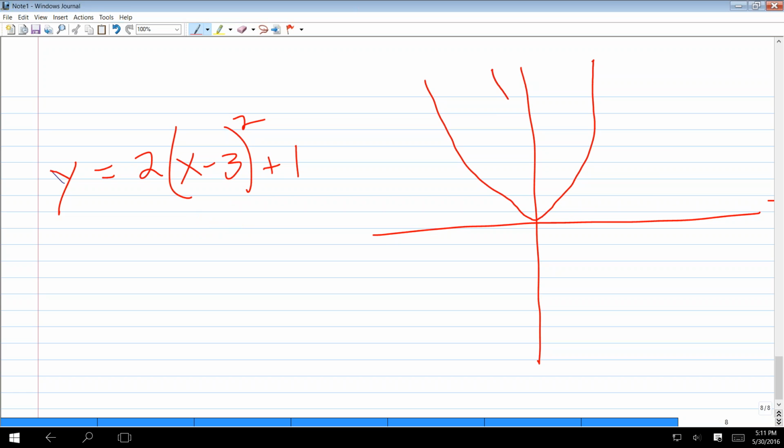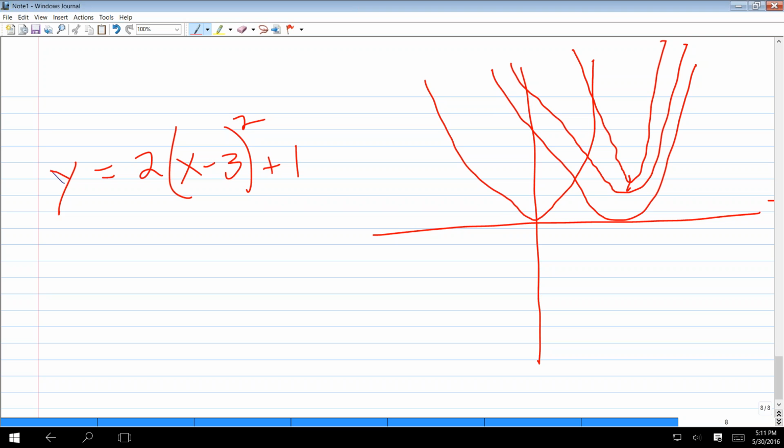So the first shift would be to there, and then the shift up by 1 would be to there, and then the vertical stretch by a factor of 2 would make it skinnier, with the same vertex, but skinnier instead of flat or fatter.